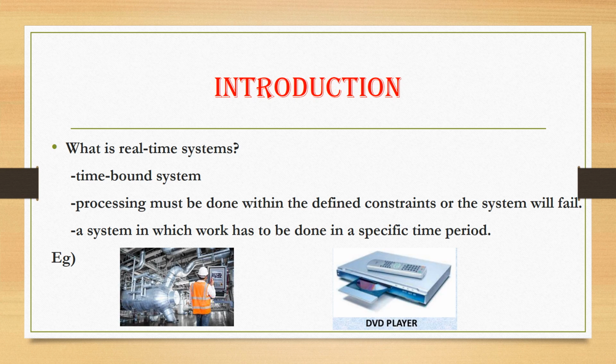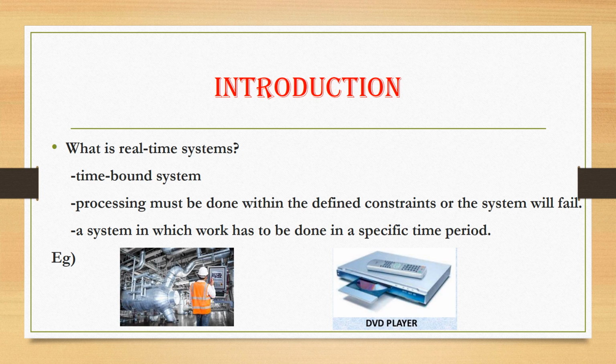So this is the system. If the sensor fails to measure the temperature, what happens? The temperature of the boiler increases beyond the limit and it may cause very big damage. So our system should operate in a real-time environment.